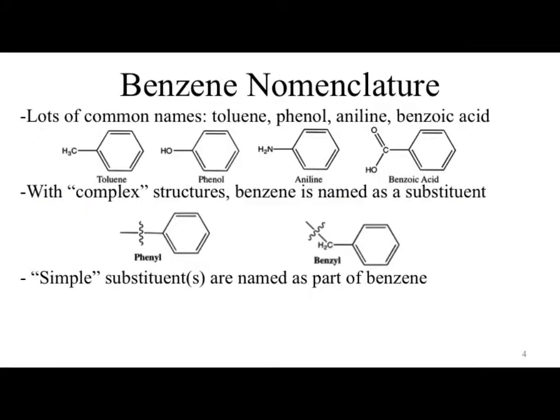Now we can move into nomenclature of your benzene structures, which is all sorts of fun because benzene compounds were very, very stable to begin with. So when we added different functional groups to it, everybody came up with their own common name. So there's lots of common names when it comes to benzene. Some of the more common ones: toluene, phenol, aniline, and benzoic acid.